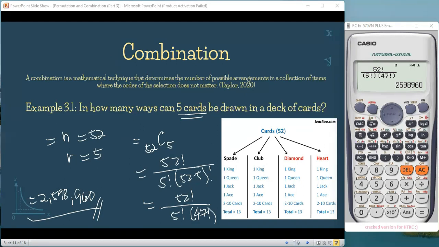Let's check if our result is correct using our calculator. The combination of 52 taken 5 at a time must be equal to 2,598,960. So it is still correct.